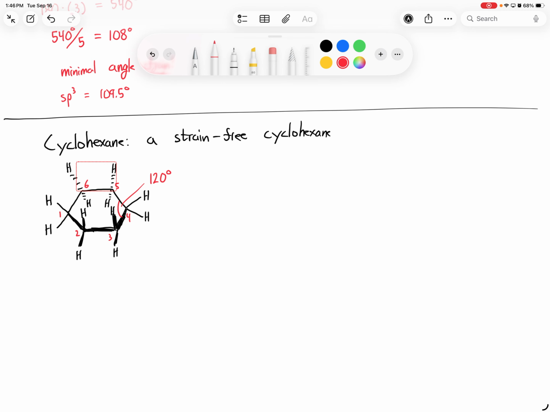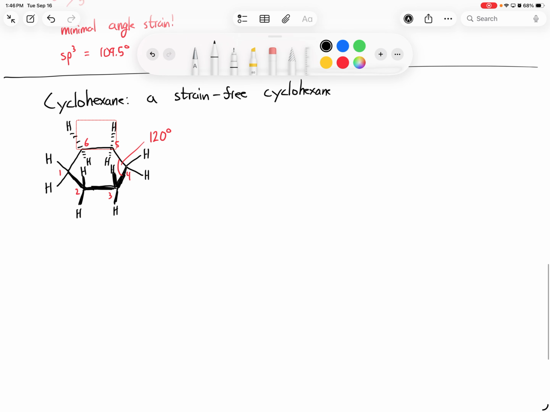So if we look at this structure now, so we have planar cyclohexane. All right, so two things, 120 degree bond angles. Okay, so this is bond angle strain, so that's still bad.